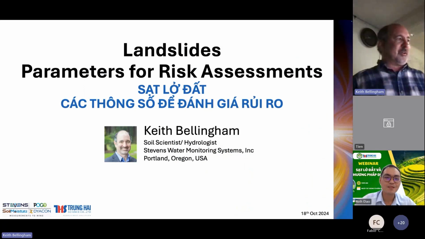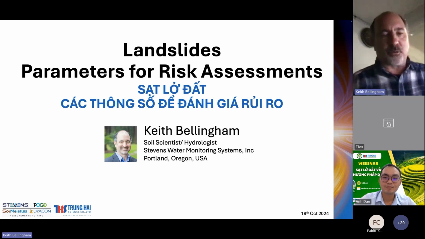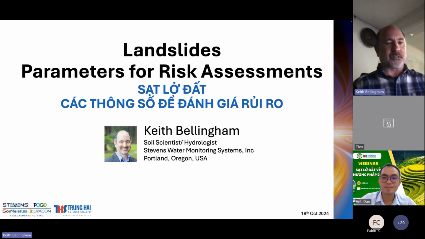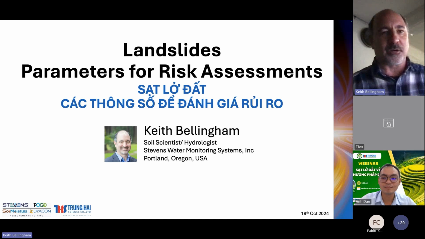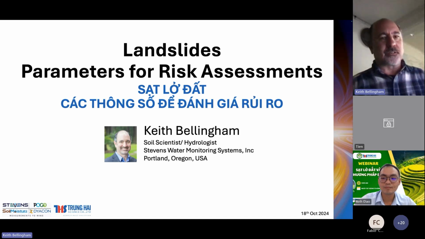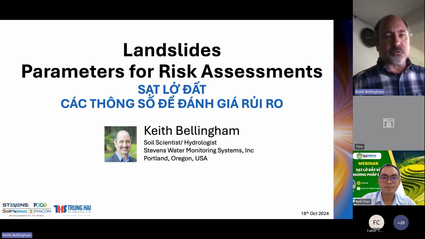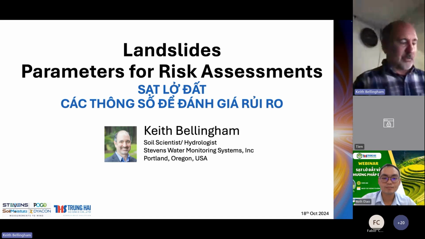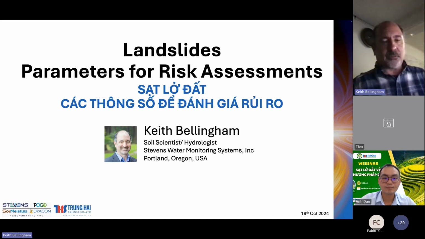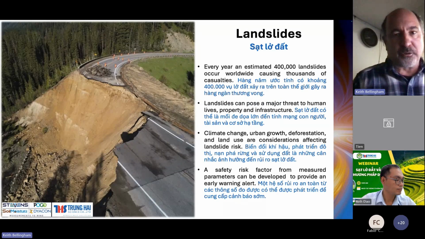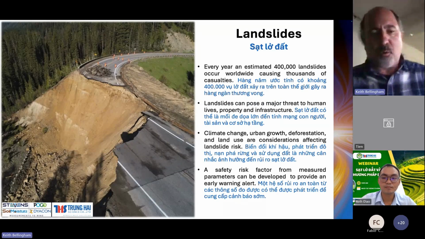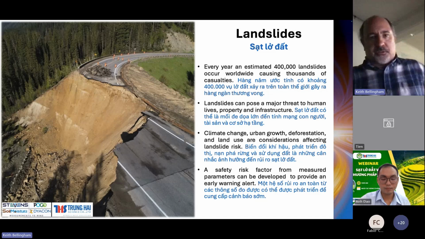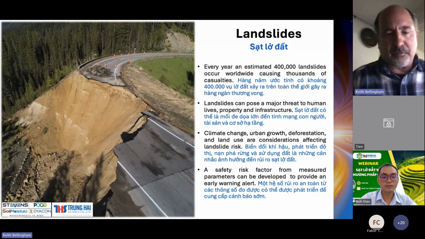Let's start over. My name is Keith Bellingham. I'm a soil scientist at Stevens Water Monitoring Systems, and today we are going to talk about landslides and the parameters used for risk assessment. So landslides occur quite often across a variety of different landscapes.